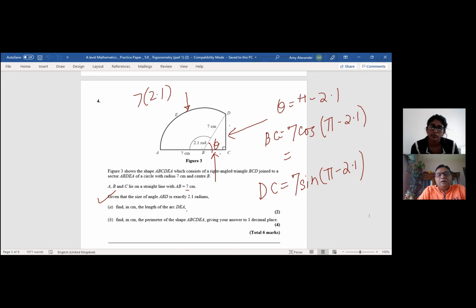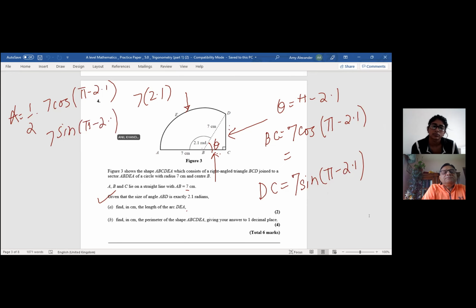SOHCAHTOA, yeah, definitely. Area of triangle will be half of base times height. When you do base times height, look at the formula and understand. We get 7 times cos of pi minus 2.1 times 7 times sine of pi minus 2.1. So you get the area of the triangle.